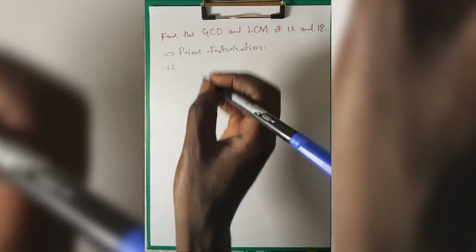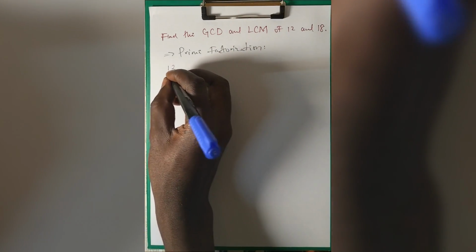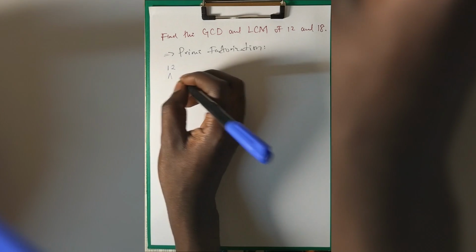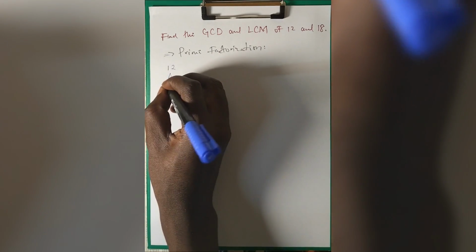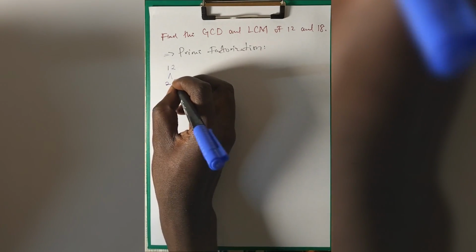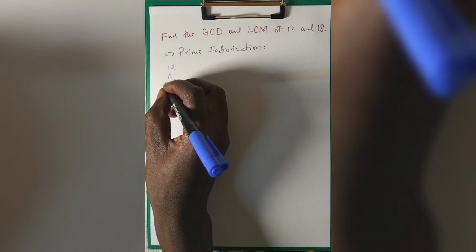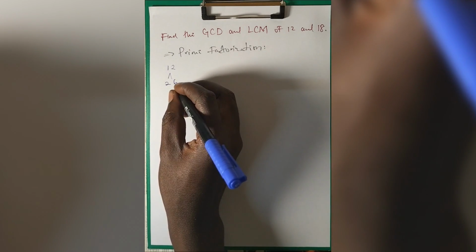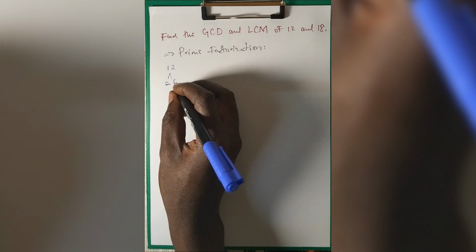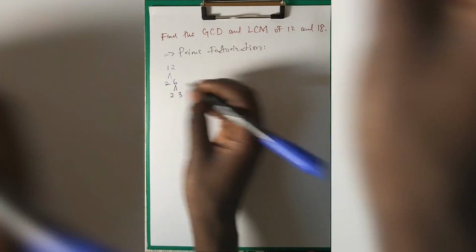Let's start with 12 here, and we can start with any number. Let's start with 2 and 6. 2 times 6 is 12. Now 2 is prime, let's leave it that way. Then 6 goes to 2 and 3.